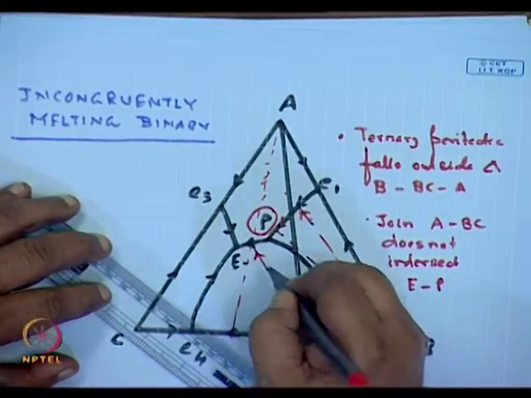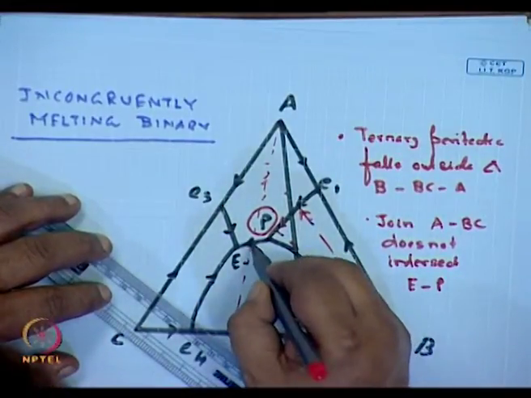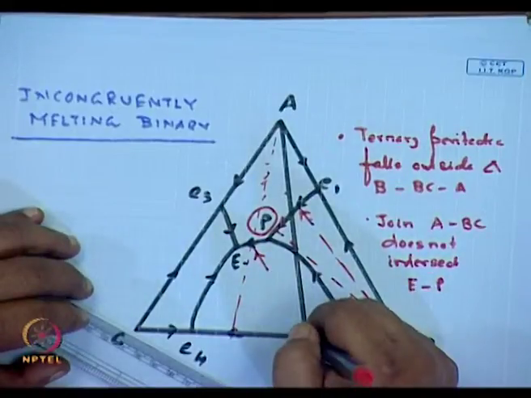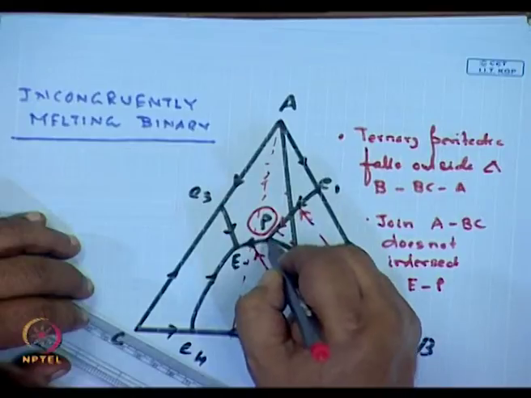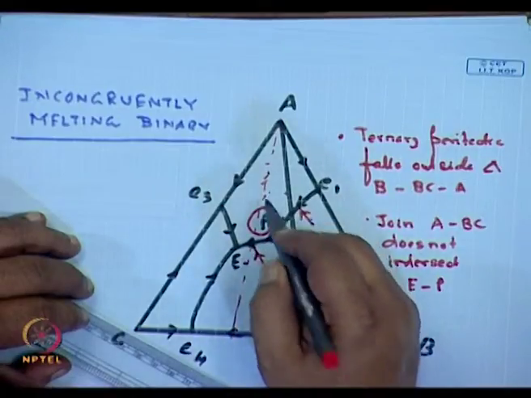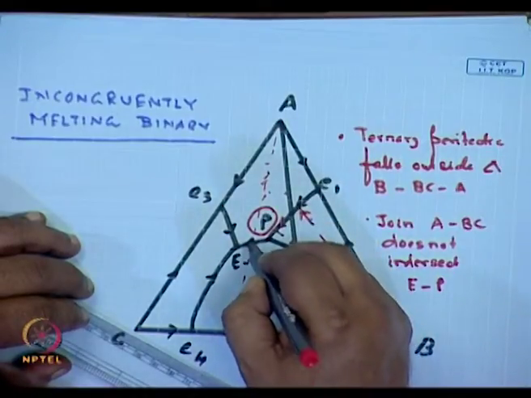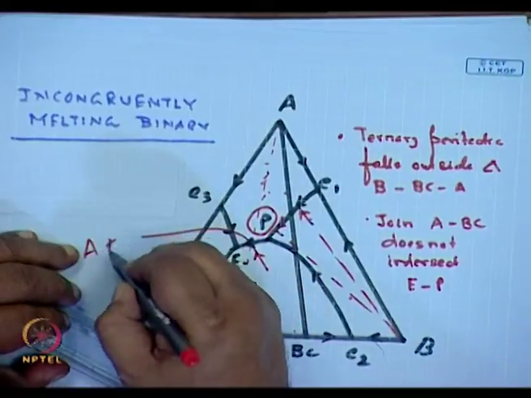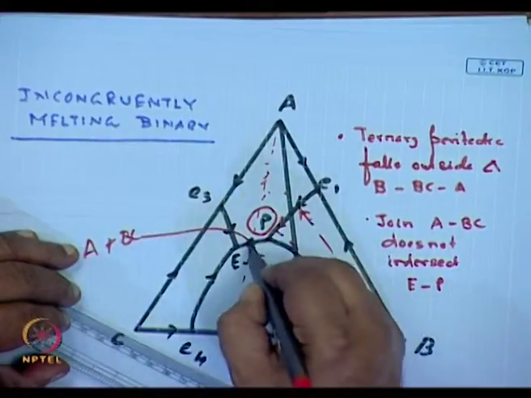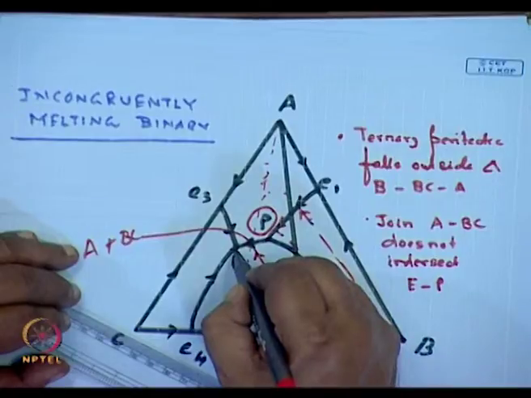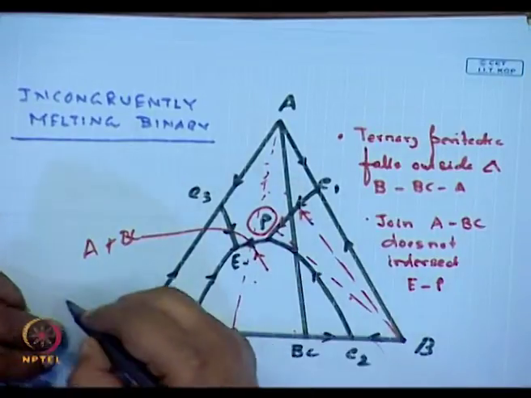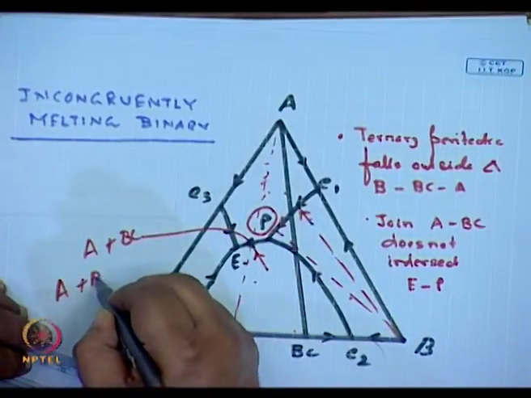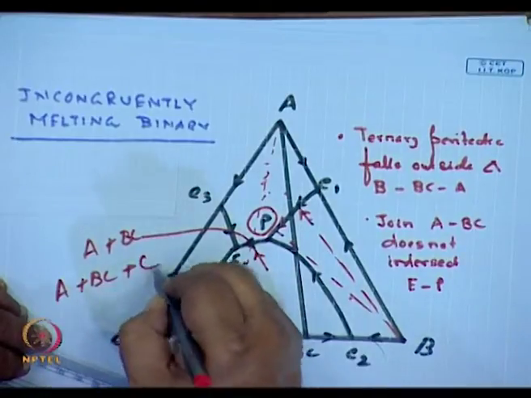It is cooling over here. At this particular point, the phase which is separating out is BC. As it hits this line PE, A and BC separate. At this particular point, A plus BC will separate. Finally, at the eutectic point, I will have A plus BC plus C separating out.